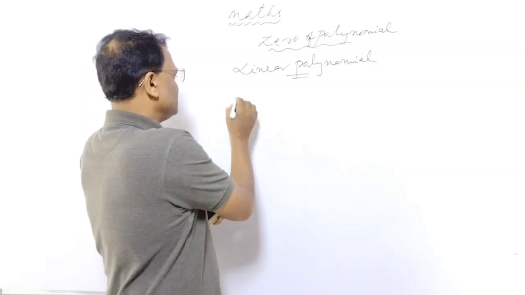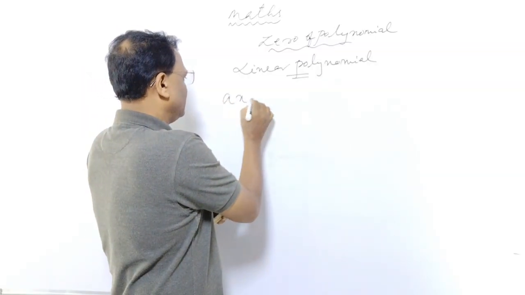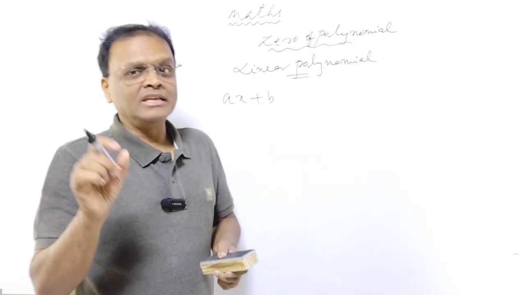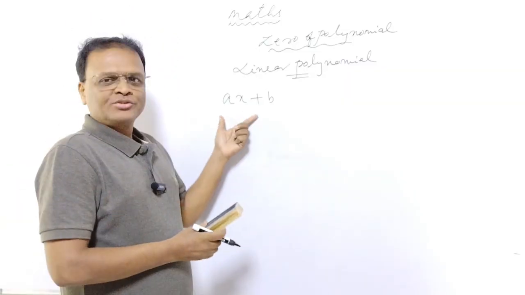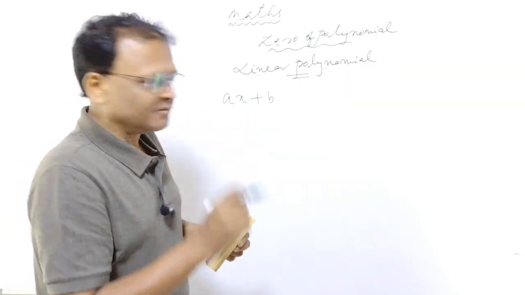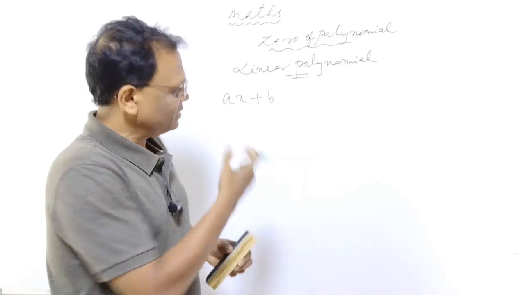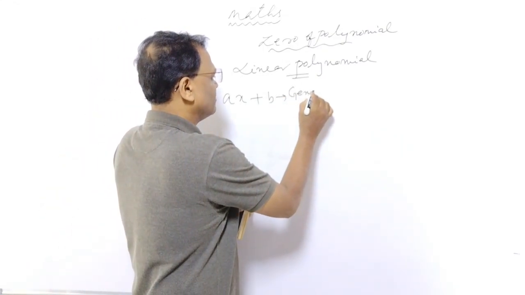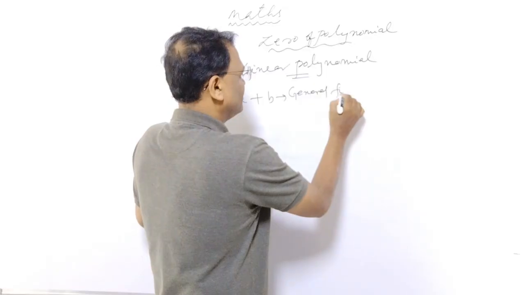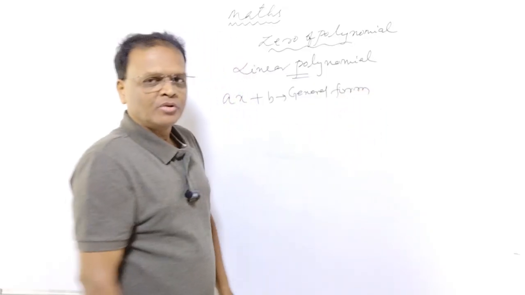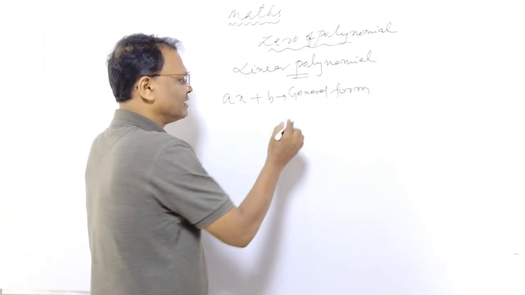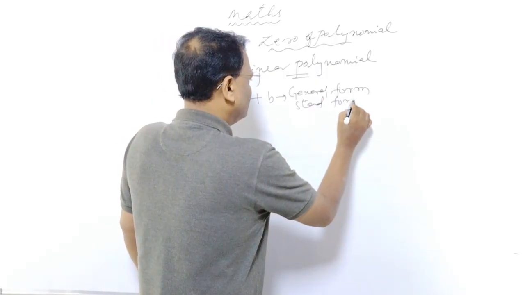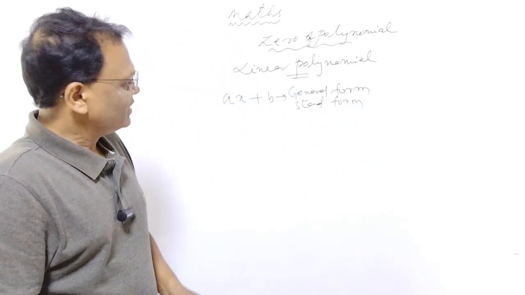This, ax plus b, is called the general form of the linear polynomial. Ax plus b. Which form is this? General form, or we can say the standard form of a linear polynomial.